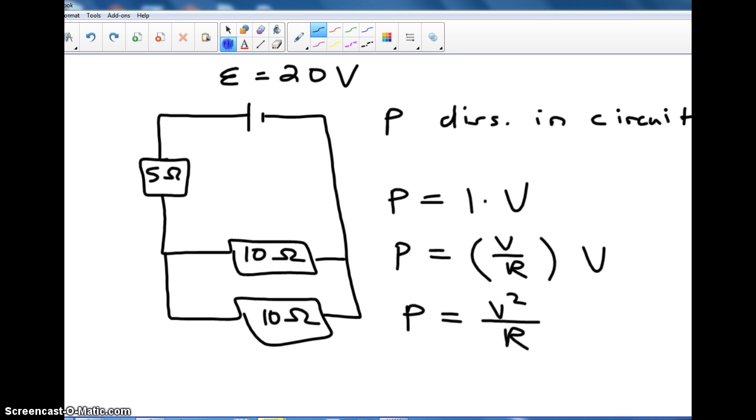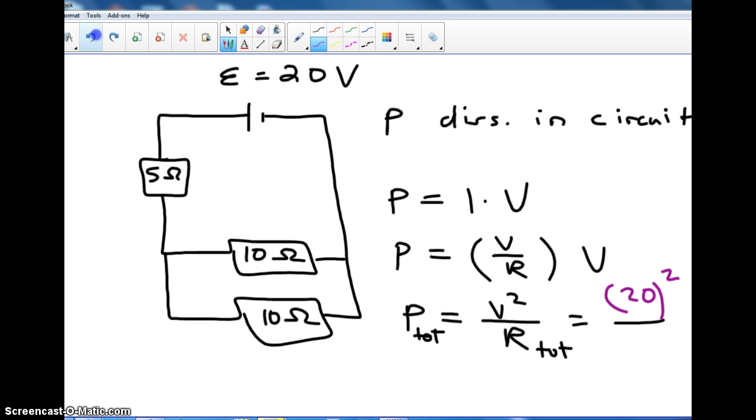If we're finding the power dissipated by the whole circuit, then we need the whole voltage on top and the whole resistance on bottom. We already know the total voltage. The total voltage supplied is 20 volts. Therefore, the total voltage consumed is 20.